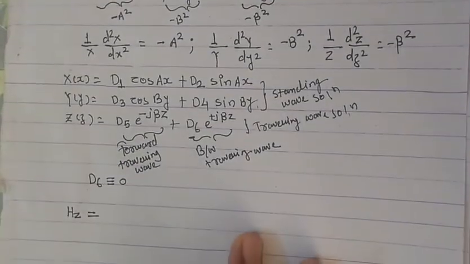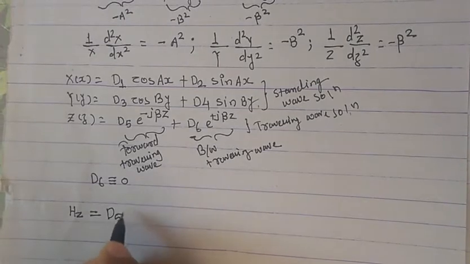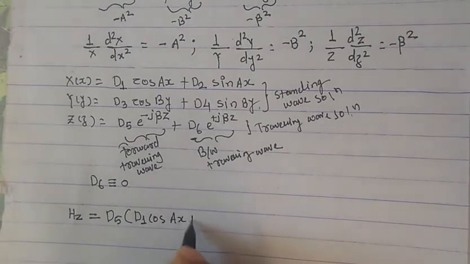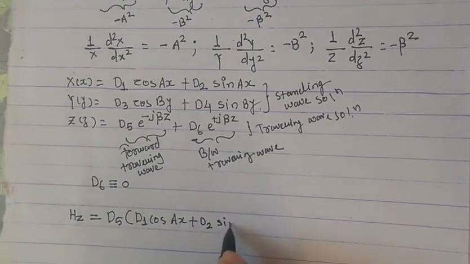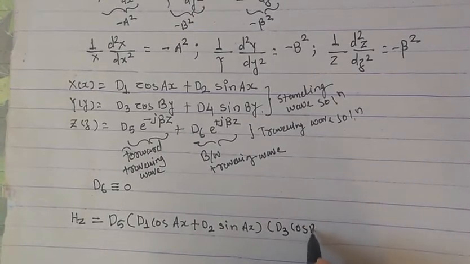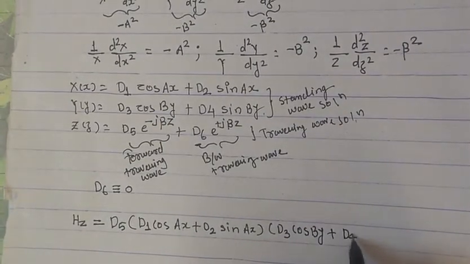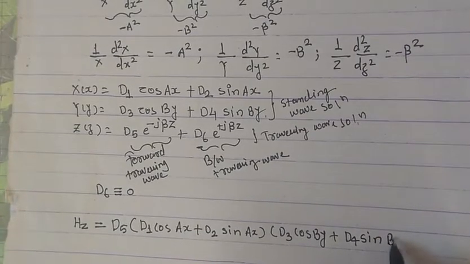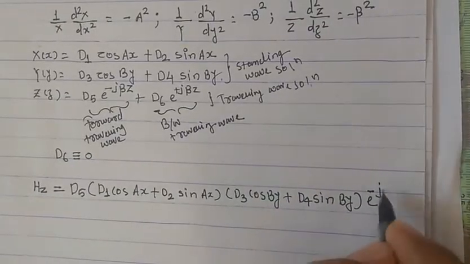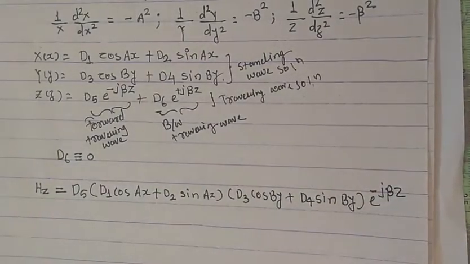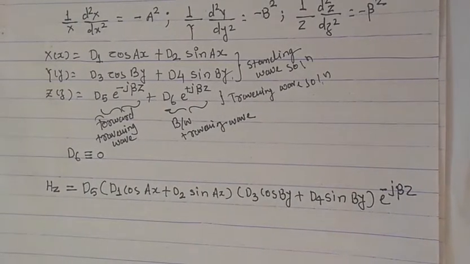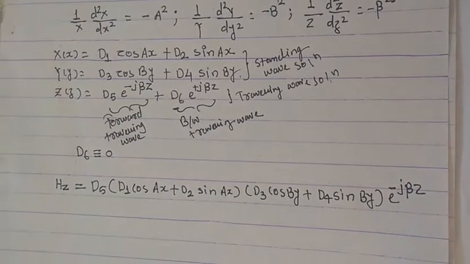So this will become d5 (d1 cos ax + d2 sin ax)(d3 cos by + d4 sin by) e raised to minus j beta z. So this is a general solution for the longitudinal component of the magnetic field at z.